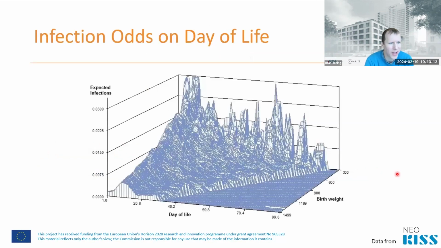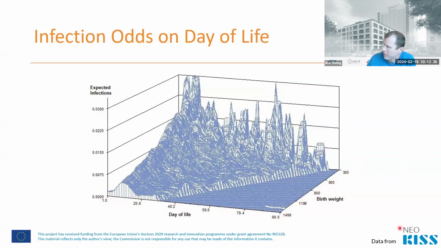I like hiking in the mountains, but this is not a scheme of a mountain. This is a 3D graph of the infection risk of preterm infants, adjusted by the day of life in this direction and the birth weight in this direction.